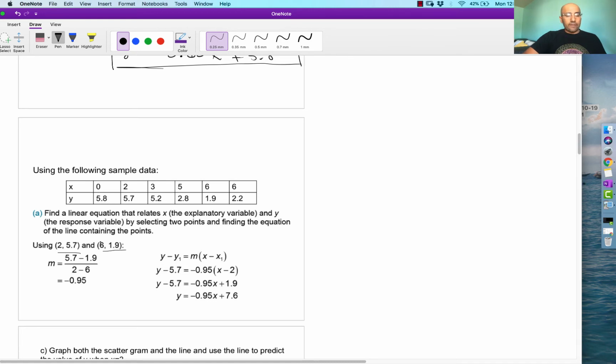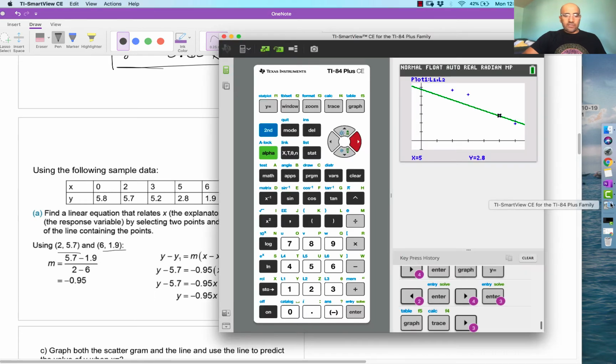And then once we find our slope, we put it into this formula, where here's our slope, and then we use one of the points, and it looks like this is the point they used, y sub 1 and x sub 1. Good, so distribute, combine like terms, add 5.7 to both sides, and then ultimately, this is the equation you get. Okay, so let's type that into our calculator, and we see what that equation looks like.